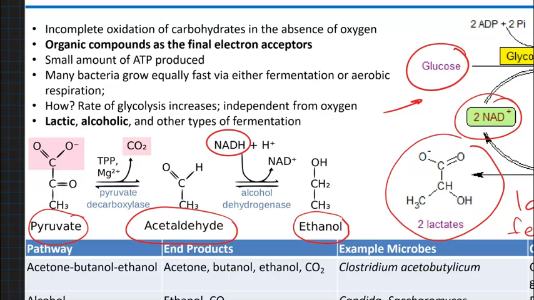What is the final electron acceptor here? Not ethanol, because it is acetaldehyde that receives those electrons. Again, an organic compound. So in any fermentation process, oxygen is not essential, and the final electron acceptor is an organic compound.